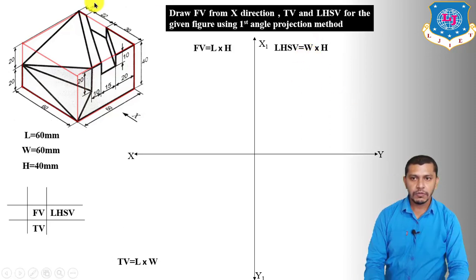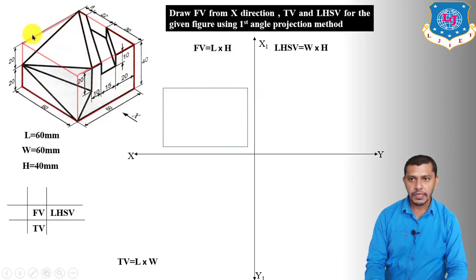Now we have to start by drawing the front view, left hand side view and top view of the cuboid. Observing from the x direction, the front view of the cuboid will be a rectangle having length 60, height 40. So draw a rectangle having length 60, height 40. Now we have to draw the top view.